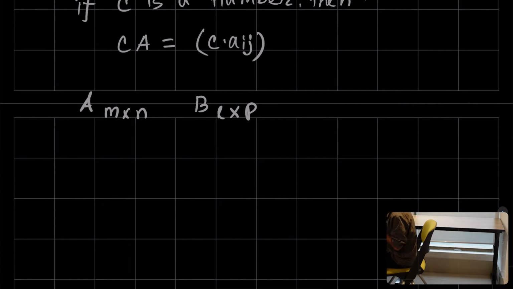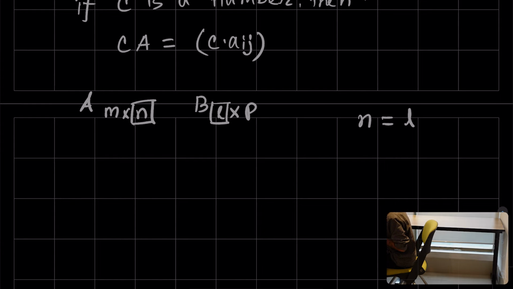To define the matrix multiplication between these two matrices, we have to take the column of the first matrix and the row of the second matrix. These two have to be equal, otherwise it is not possible to define the matrix multiplication. So to make sense of the multiplication, we need n equal to L.